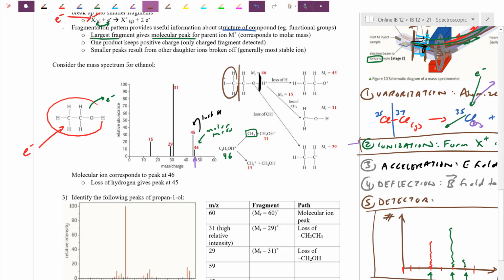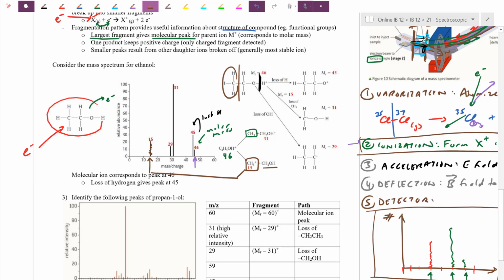If this CH3 group leaves and that group has the positive, this is going to be sensed at the 15 spot. So these ones are because of CH3+. You don't need to memorize that. That's going to be given to you. So 15, CH3+. The other part, well, 46 minus 15 is going to be 31.